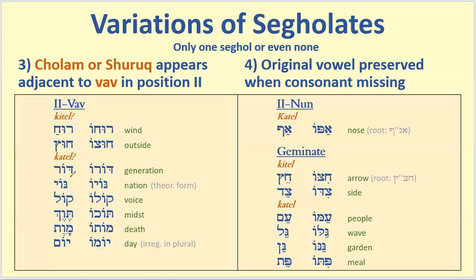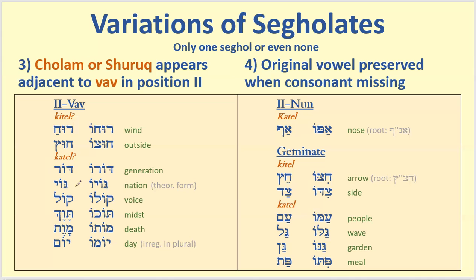We see this in all sorts of examples when we get into irregular verbs or weak verbal roots in various binyanim, where original aw becomes an o sound. So this was probably originally dawr or something like that, but in Hebrew it becomes dor. And then doro is the suffixed form.